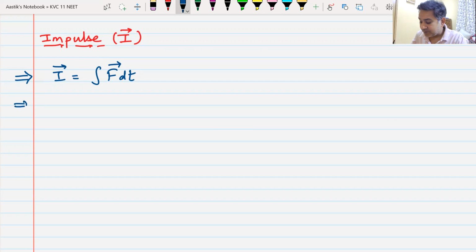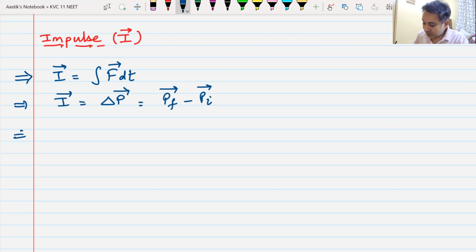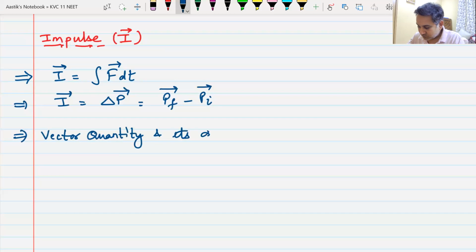Or you can also call impulse the change in momentum of a body. Impulse is final momentum minus initial momentum. It is a vector quantity, and its direction is the same as the direction of force.